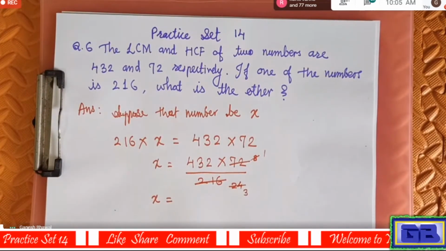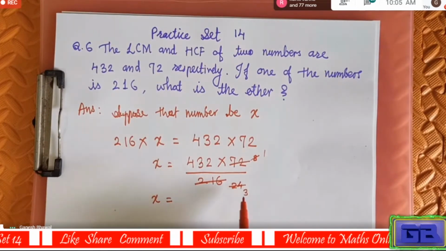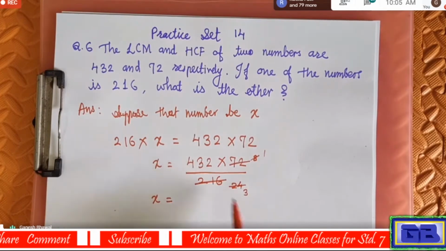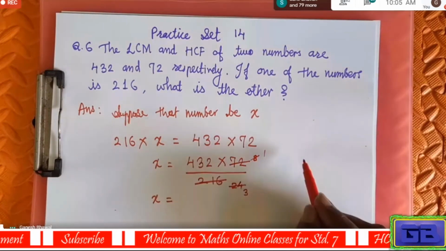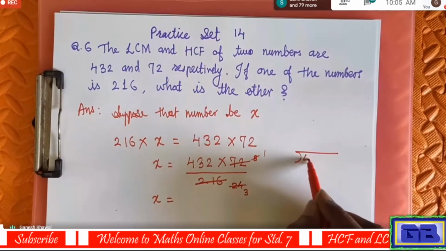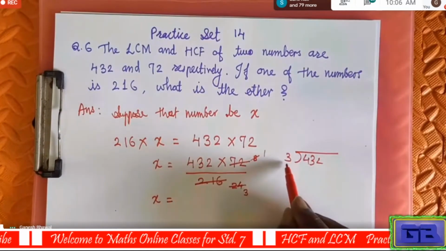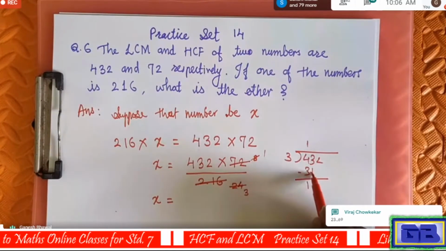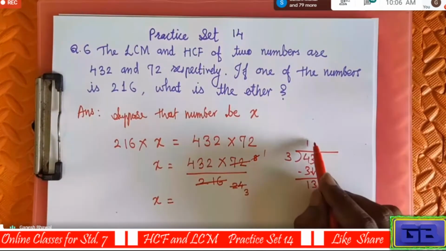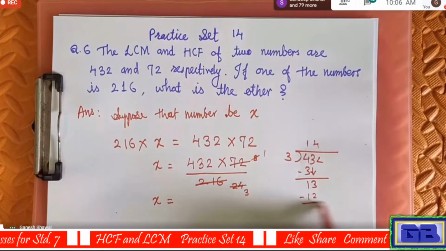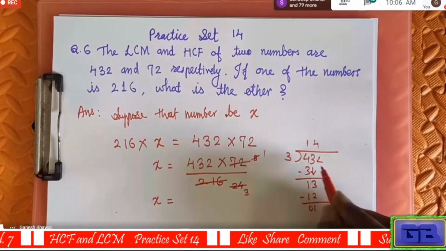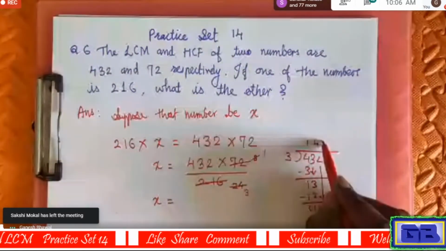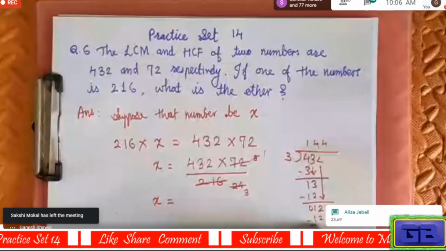Now 3 at the place of denominator, and at the place of numerator 432 is there. Take these two numbers, 432 divided by 3. 3 ones are 3, 4 minus 3 is 1, take this 3 down, it becomes 13, 3 fours are 12, again 1 is remainder, 2 we have to take, it becomes 12, and here 3 fours are 12.